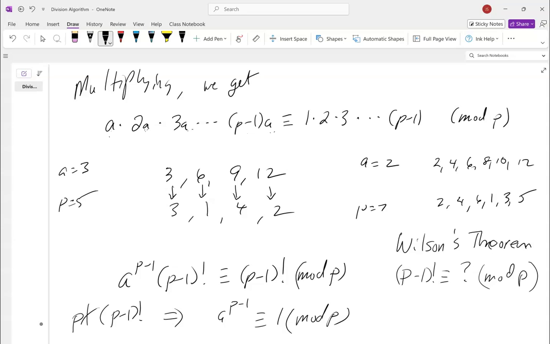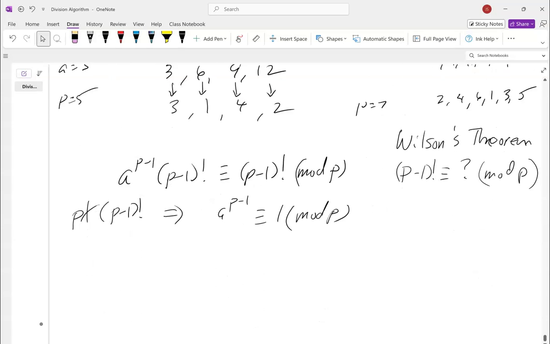You can probably guess it just by doing some examples: do 4! mod 5, 6! mod 7, 10! mod 11. You can probably guess what the answer will be by the end. Anyway, that's neither here nor there.